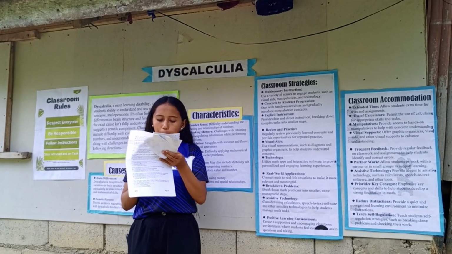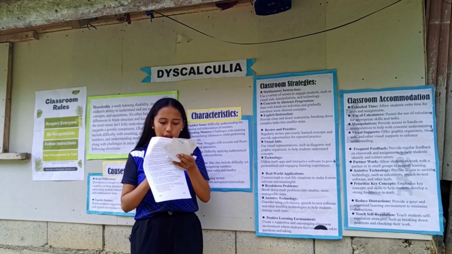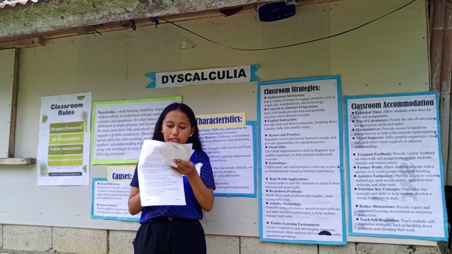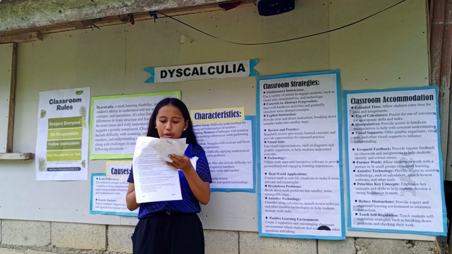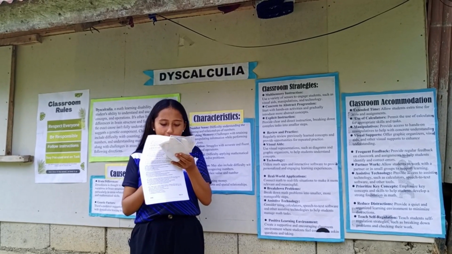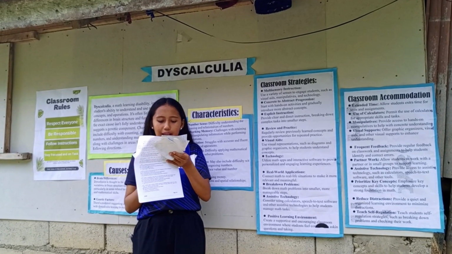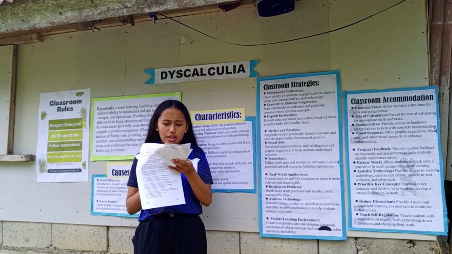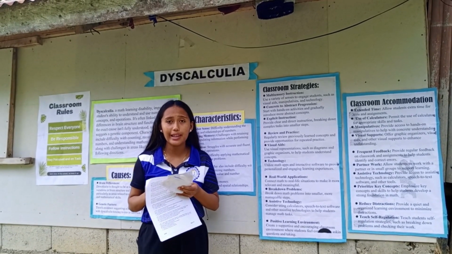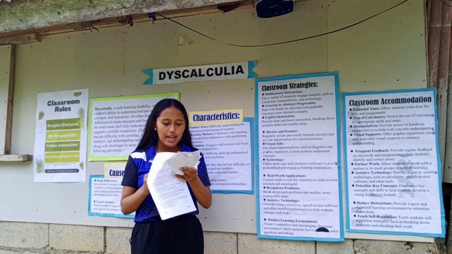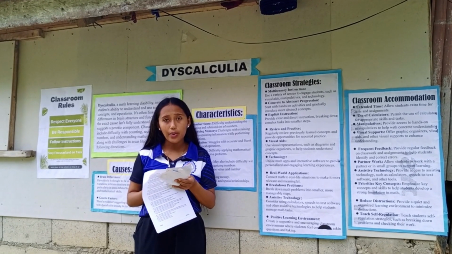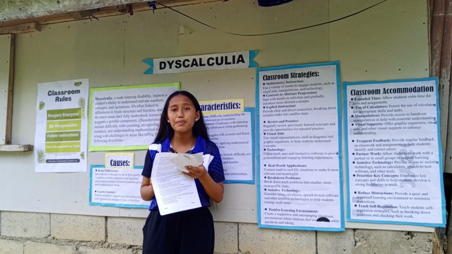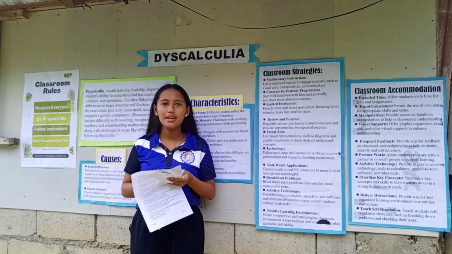The person behind will write a two-digit number and the front person will also follow what he wrote. Let's see what would be the outcome. So, is the instruction clear, class? Okay. So, are you ready now? Okay. So now let's begin our activity.